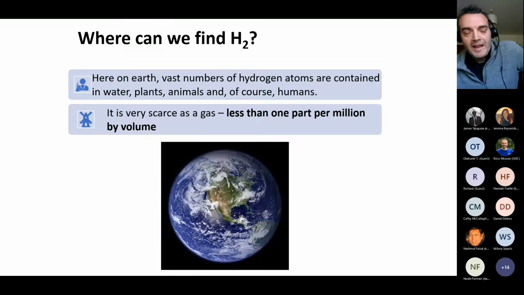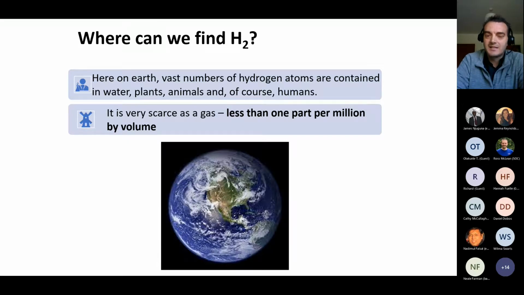So where can we find hydrogen? Hydrogen is quite an interesting material, or gas. If someone asked you where you can find hydrogen, you would say, God, it's everywhere. Well, yes and no. It is everywhere, but usually it comes with other materials, for example methane or ammonia or other compounds.